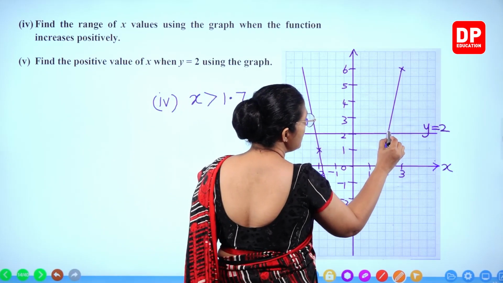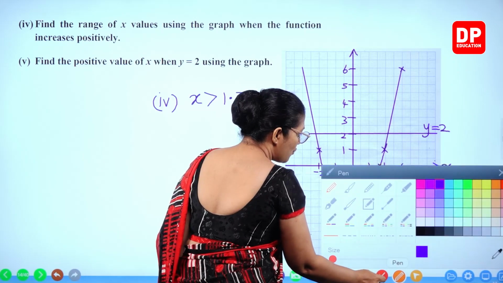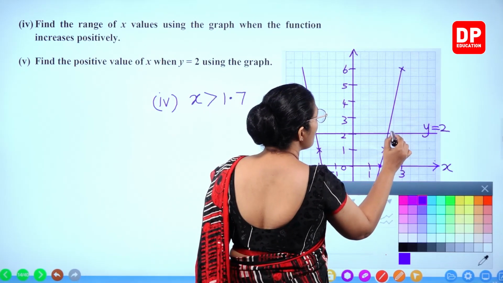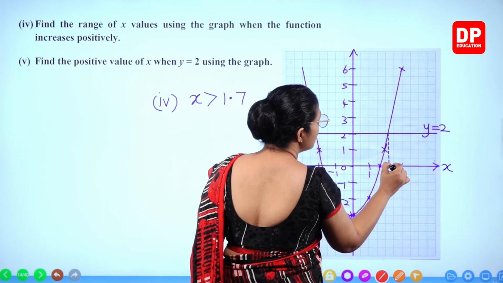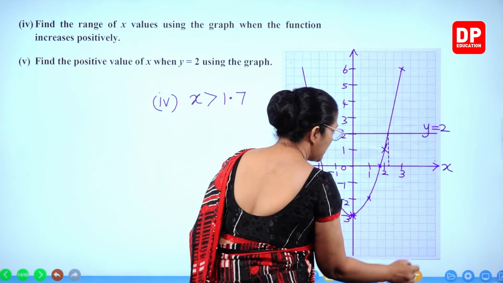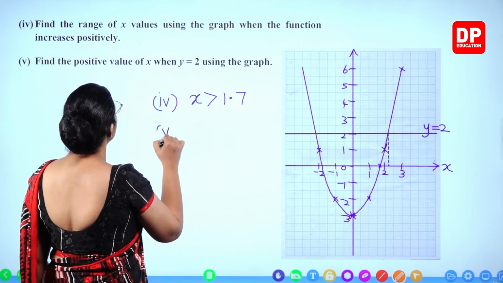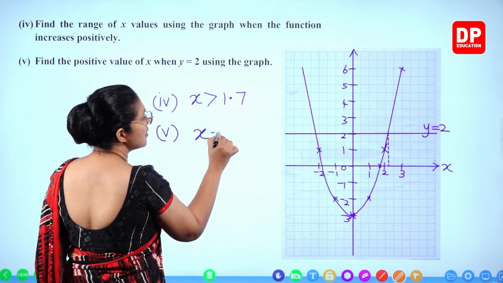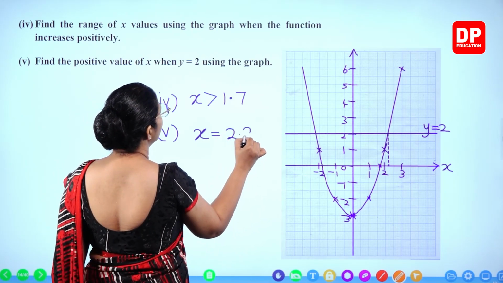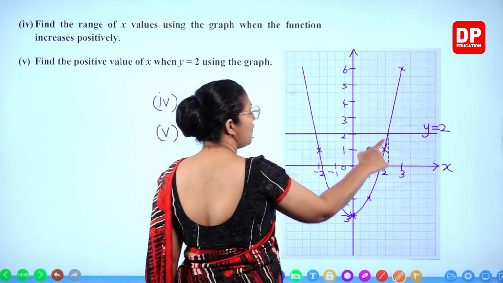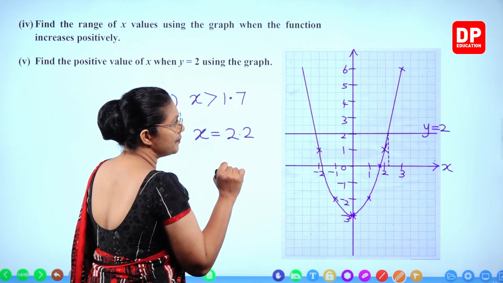So you have to read this point. Let's draw a broken line from here to here. That's 2.2. So x becomes 2.2 according to the graph. They are asking only for the positive value, not the negative value.